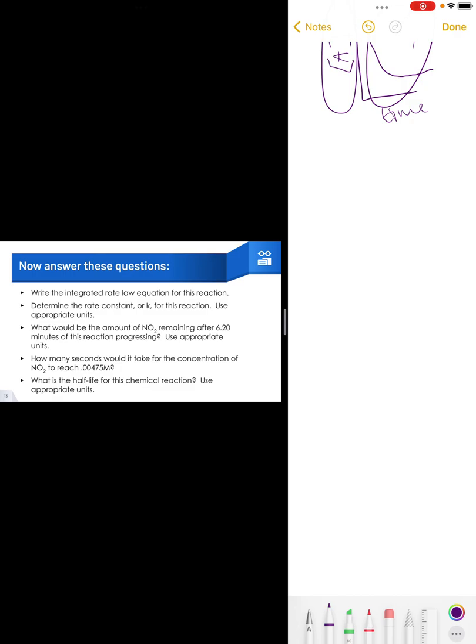All right, so we're gonna answer these questions one at a time. It says, write the integrated rate law equation for this reaction. Okay, well, we know that it's first order. So for first order, we have natural log of the concentration, this is of NO2 because that's our reactant, equals negative K times time plus natural log of the concentration.